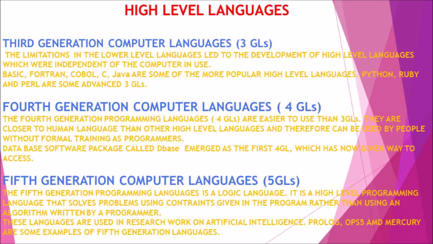And the last one is the fifth generation computer languages. The fifth generation programming language is a logic language. It has some logic behind it for processing. It is a very high level programming language that solves problems using some conditions. Based on the conditions, the problem will be solved.